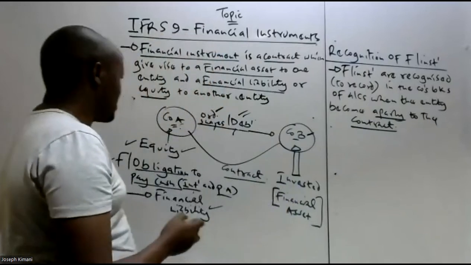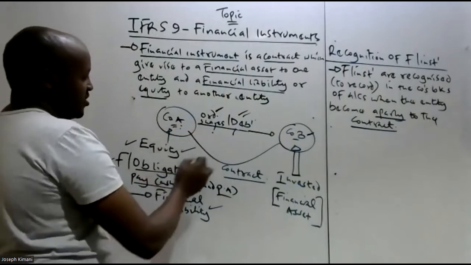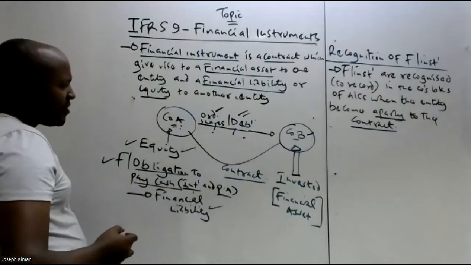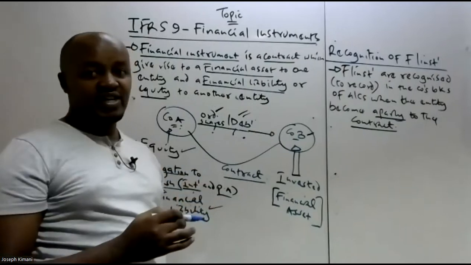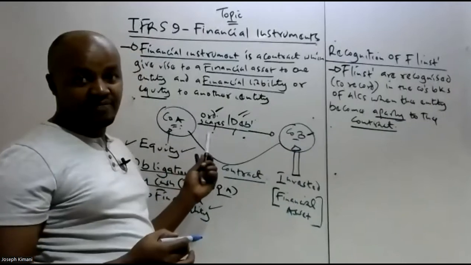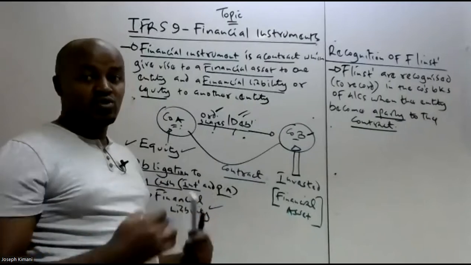Basically what that means is that if we are told that company A has issued shares or debentures, on the date they are issued, even if the company has not received cash, the company should record the shares or debentures in its books of account.